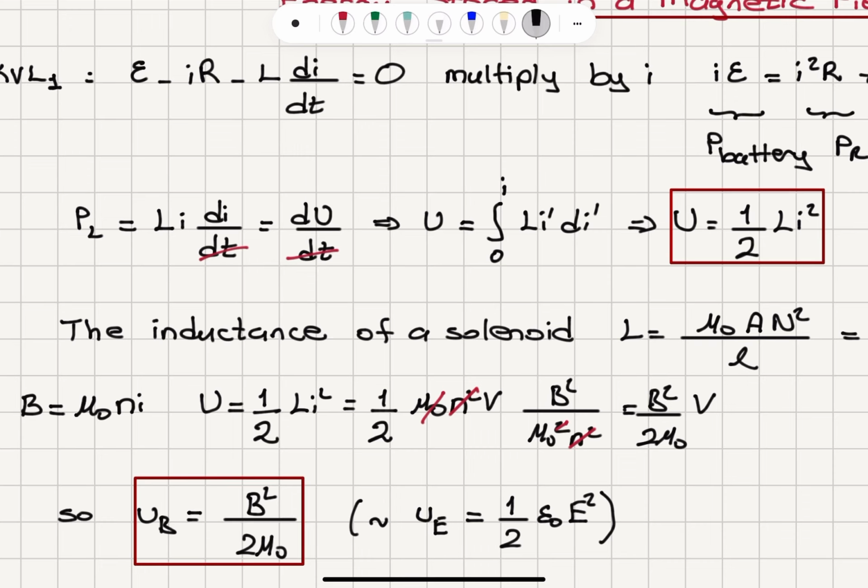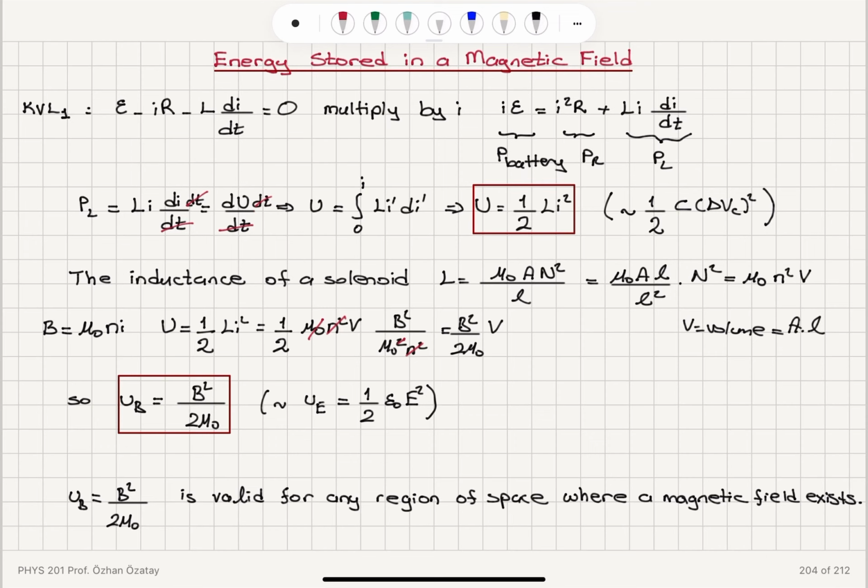So basically I have multiplied this equation by dt on both sides, and dt is cancelled, and this way I can integrate from time t equals 0, from 0 current to current I. So you can see that the integral of Li prime di prime gives me 1 over 2 Li square from 0 to I. So the potential energy stored in an inductor when it carries a current I is 1 over 2 Li squared, which is similar to Q squared over 2C or 1/2 C delta Vc squared for the capacitor case.